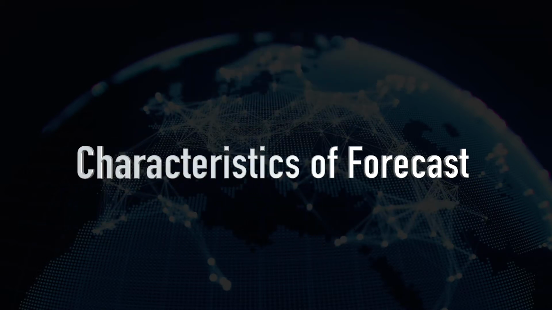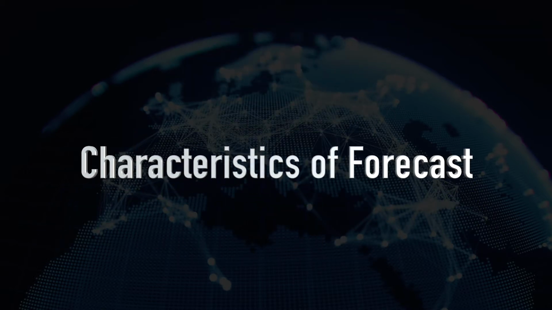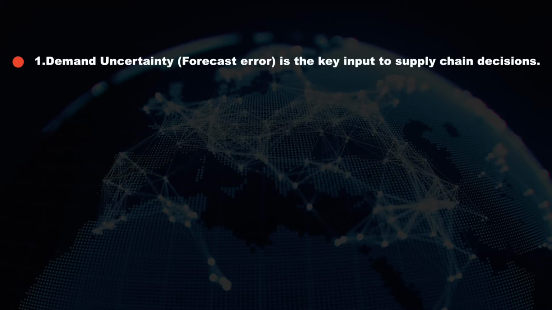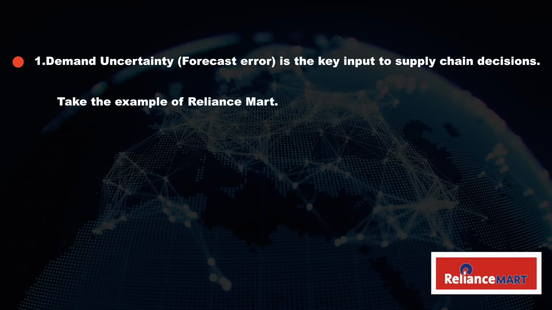Now, having understood the role of forecast in supply chain, let us look at the characteristics of a forecast. The first characteristic is demand uncertainty, which we call the forecast error, which is the key input to the supply chain decisions. Take the example of Reliance Mart.